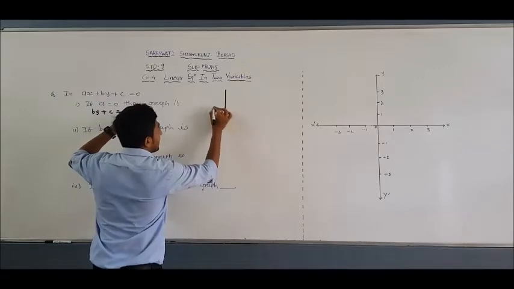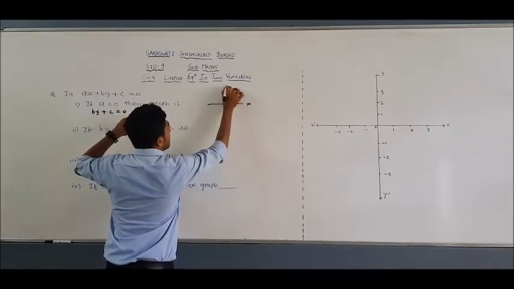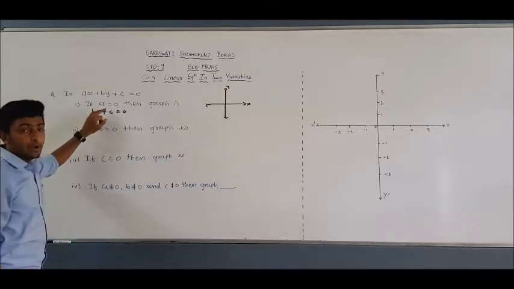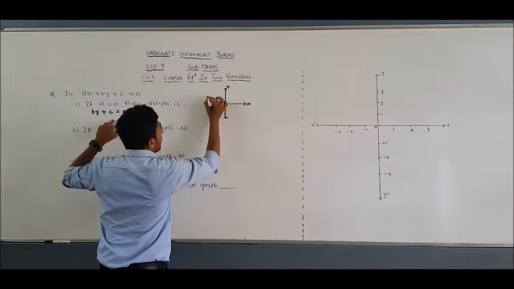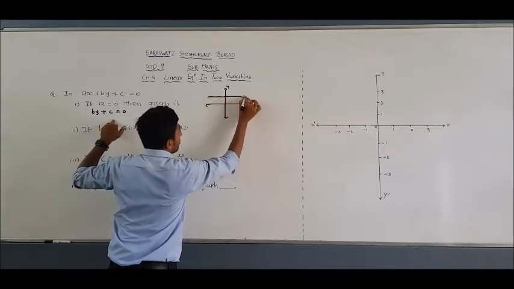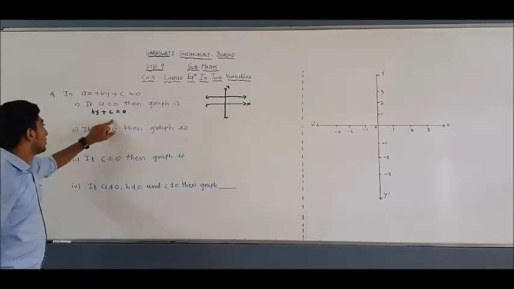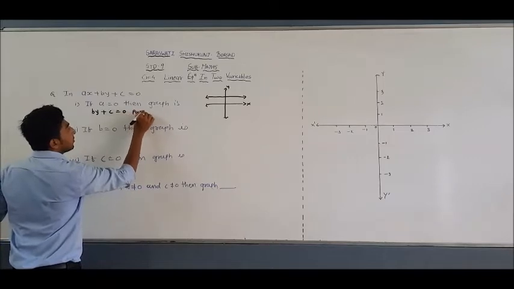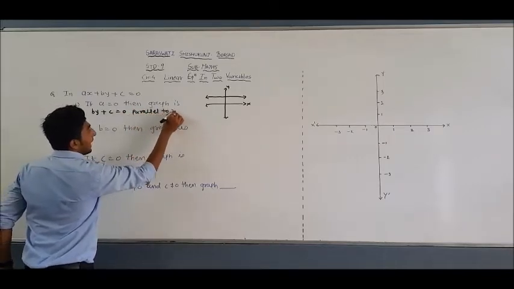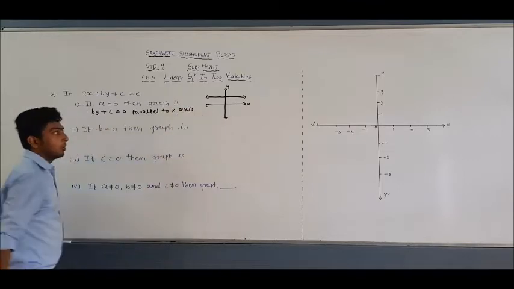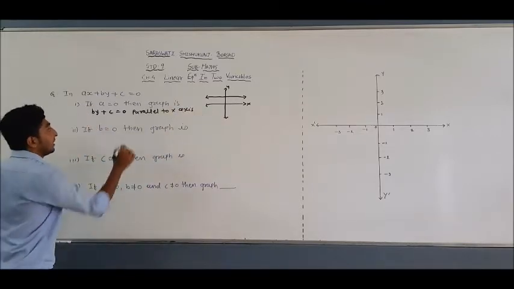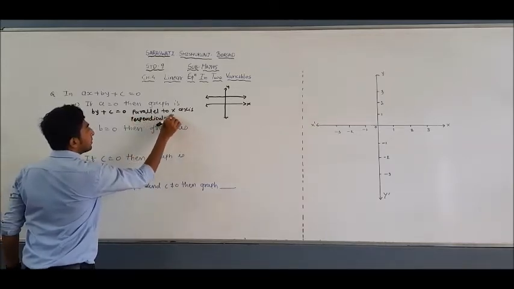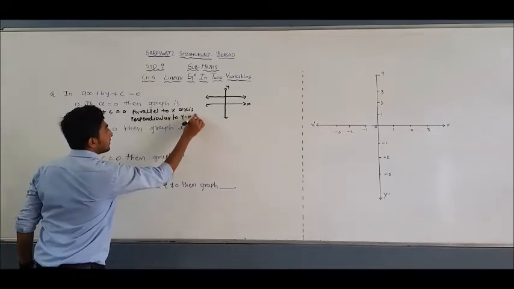Let us discuss here. This is your x-axis, this is your y-axis. If a equals 0, the graph is always parallel to the x-axis, or you can say that it is perpendicular to the y-axis.